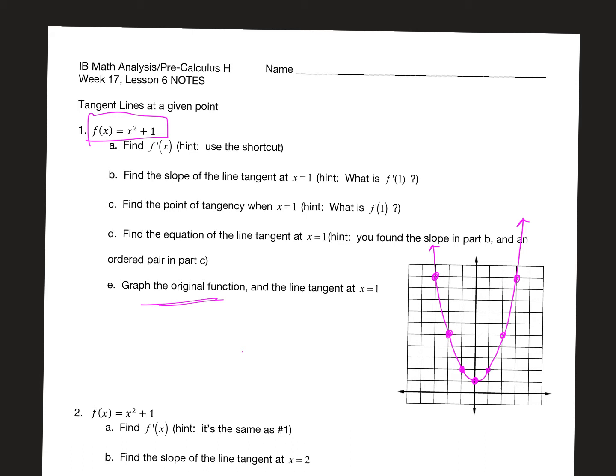All right, so let's go through this really, really quick. Well, not really, really quick, but let's go through these steps. So for part A, it says find the derivative. You can go ahead and use the shortcuts. So the derivative of that function is 2x. Now it's saying find the slope of the line tangent at x equals 1. It even tells you what that means, what is f prime of 1?